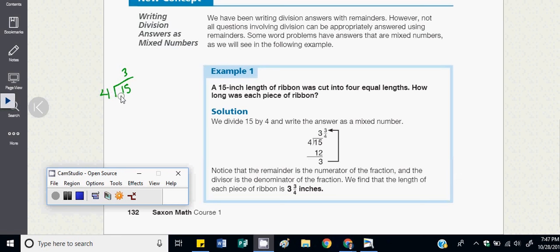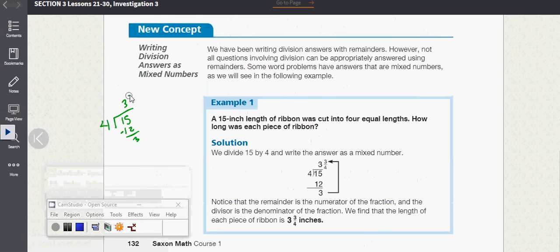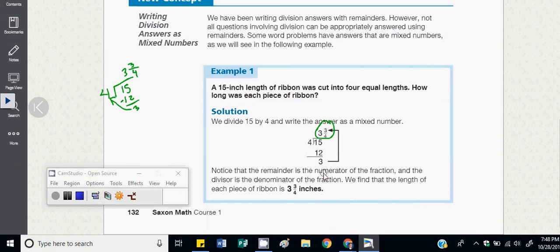We said 4 goes into 15 only 3 times, and 3 times 4 is 12. Take away, and I get a 3 remainder here. Now, instead of remainder 3, I take the 3, make it a numerator on a mixed number fraction, and put it on top of the divisor as my denominator. And the answer is 3 3/4.